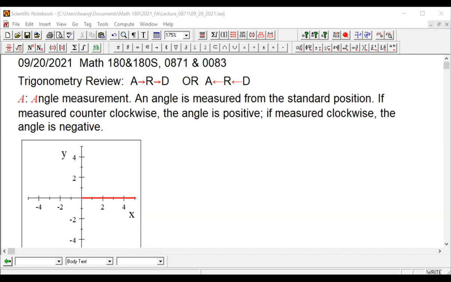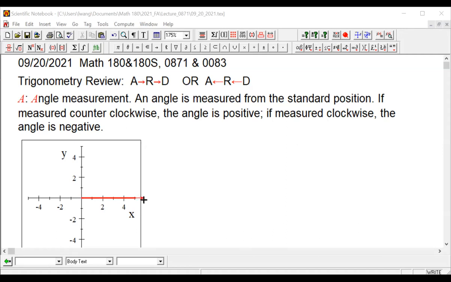So now, angle measurement. This is called standard position. Can you guys say the words standard position? In your vocabulary, you're going to have an understanding of standard position. I don't think I can put an arrow here with this software, because I'm using multiple software at the same time, but you just understand this is how the angle is measured.